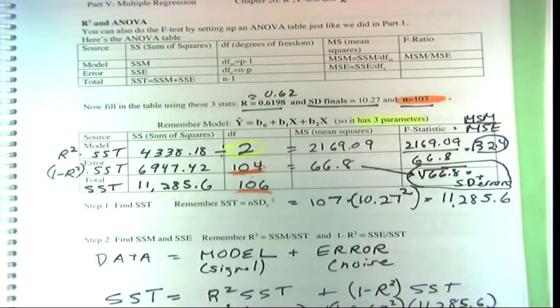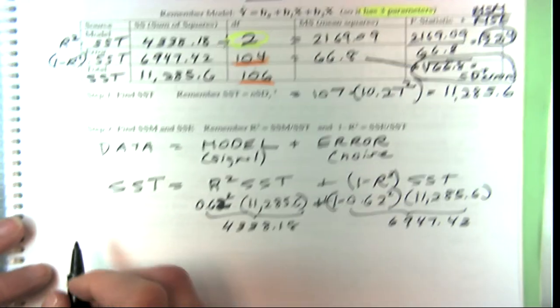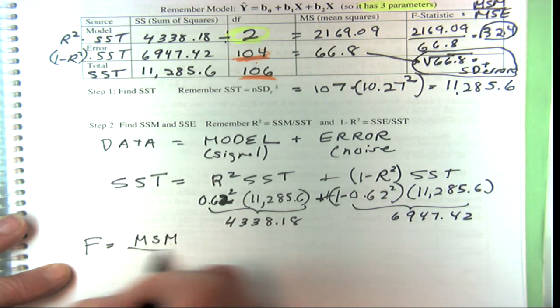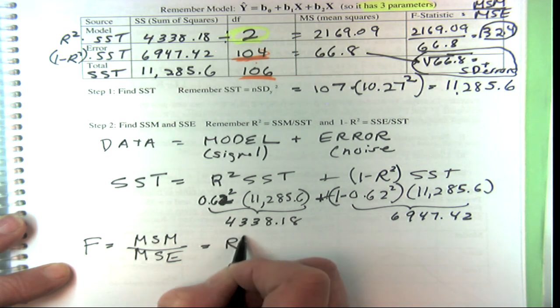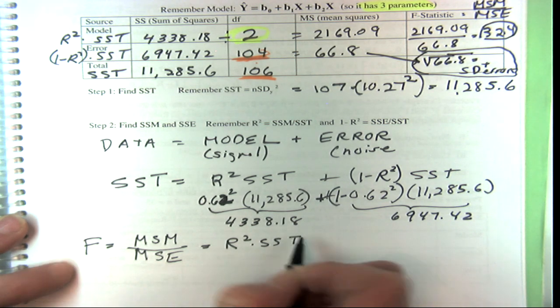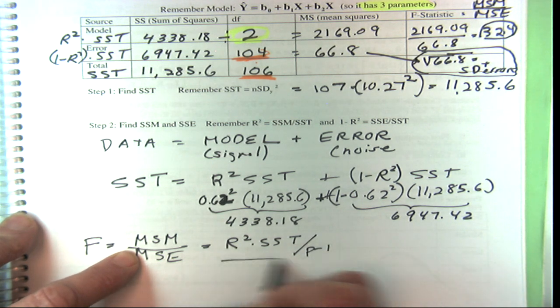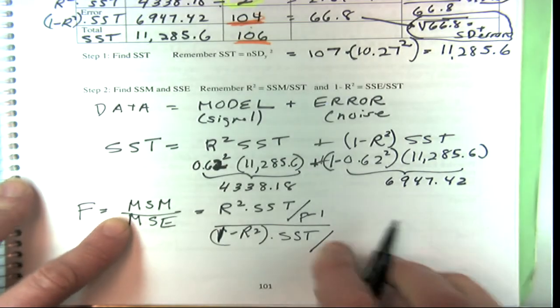So basically the idea here is that F is figured as the ratio between the mean square model over the mean square error, which is r squared times SST for the model divided by its degrees of freedom, over 1 minus r squared times SST divided by its degrees of freedom.